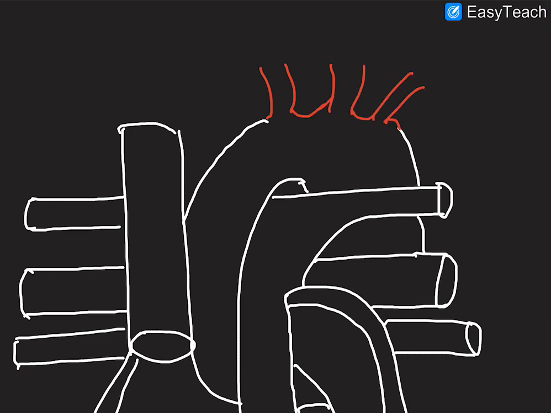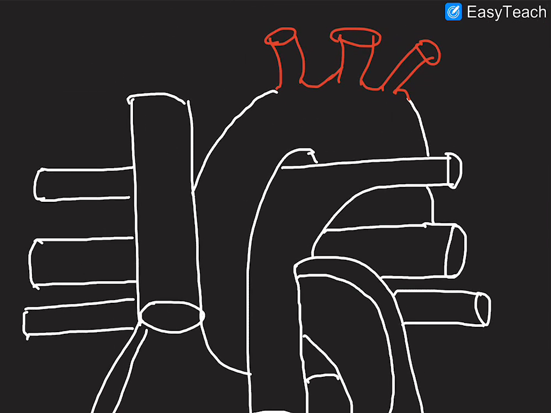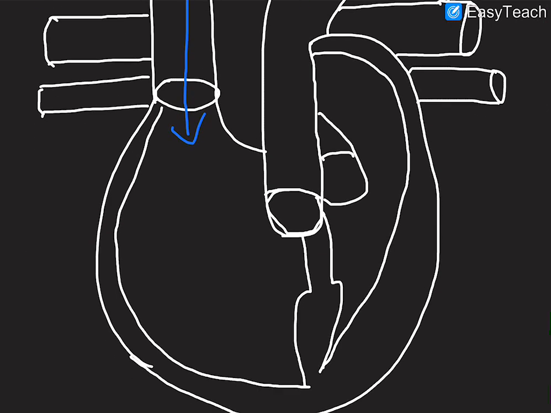So usually we see this: deoxygenated blood is coming down through the superior vena cava and enters the right atrium, right? Let's draw our valves so we can have a separation of the right atrium and right ventricle. This is going to be our tricuspid valve, right? So deoxygenated blood arrives here, and from here it goes through the tricuspid valve into the right ventricle.